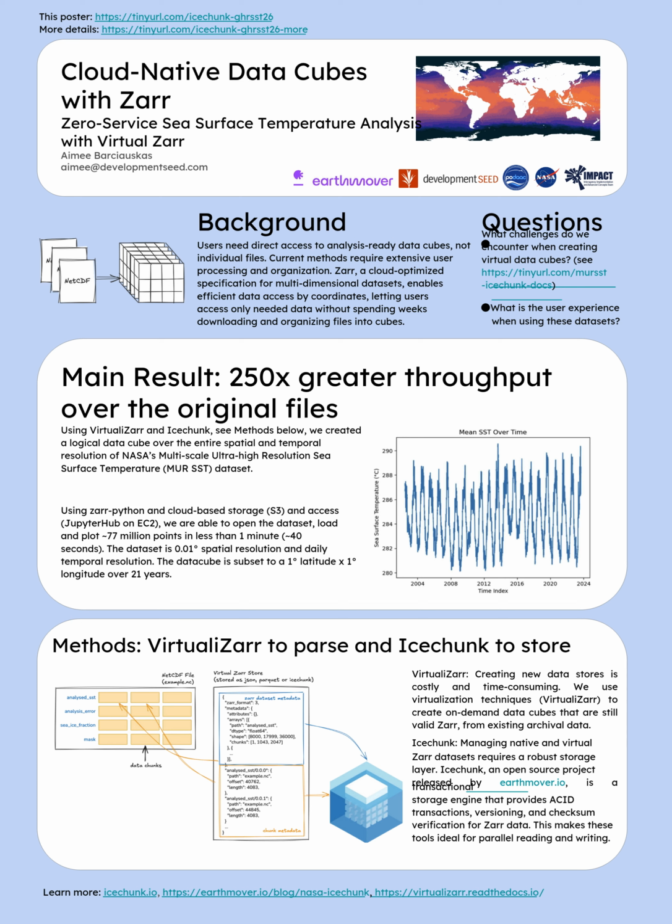This represents over 250 times greater throughput for the Icechunk store using Zarr Python versus the original files. With the Icechunk store, we're able to read 198 granules per second versus less than 1 granule per second using the original files.